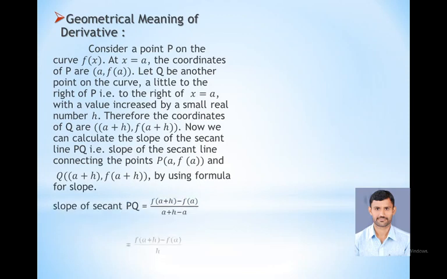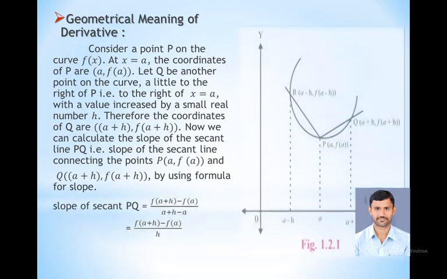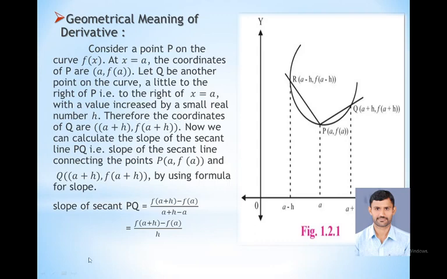If we take any function f of x, and if we draw the graph of function f of x, on this graph we take 2 points, say P and Q. If x coordinate of point P is a and corresponding y coordinate is f of a, similarly x coordinate of point Q is a plus h and corresponding y coordinate is f of a plus h.